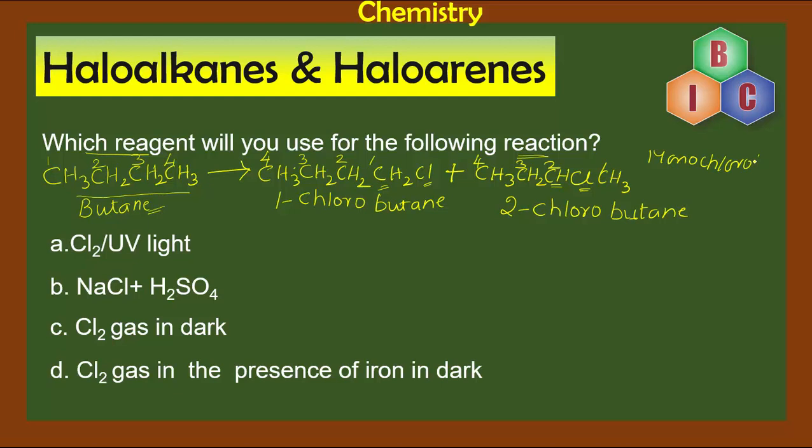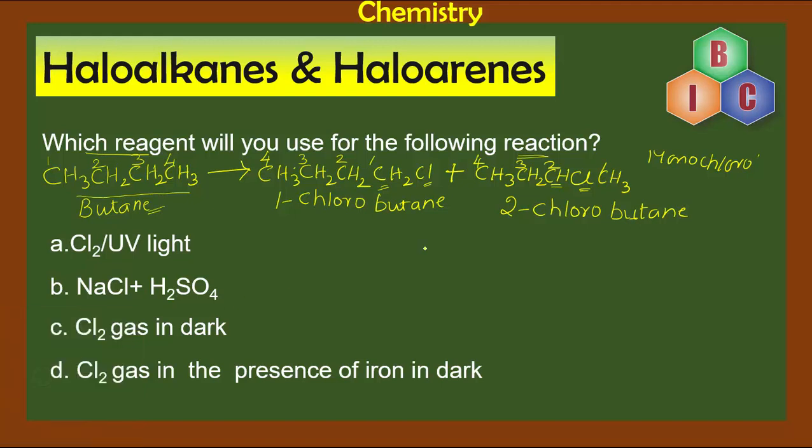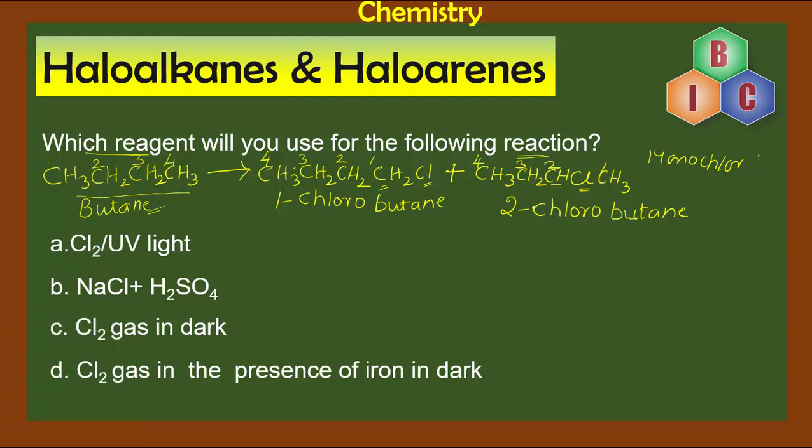Monochlorination, sorry, let me rub that and write the spelling correctly. Monochlorination or monohalogenation, and this is the reaction. Now let's look into all the 4 options given to us.